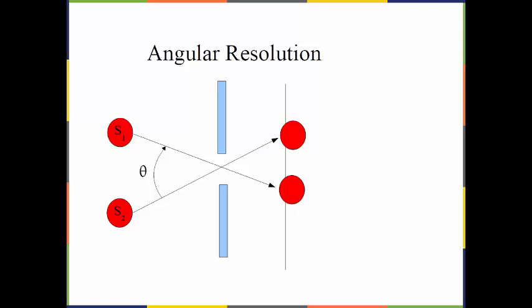Here's two stars, S1 and S2, and they're separated by some angle. And they go through the aperture of the telescope. And we see that a smaller inverted image is produced. So don't forget, on the image, star 2 is on the top and star 1 is on the bottom.